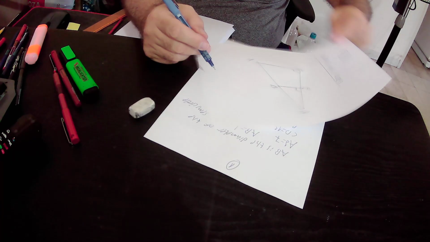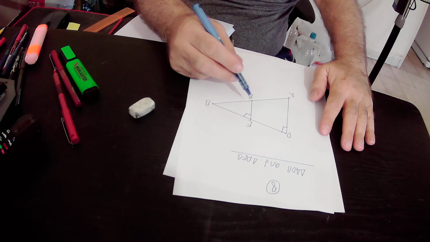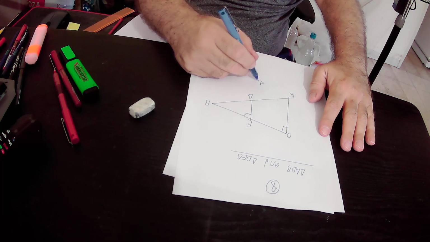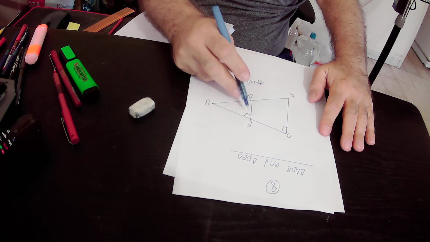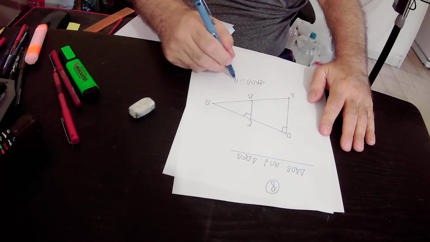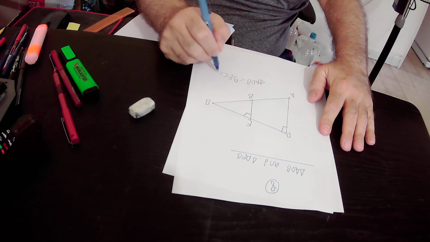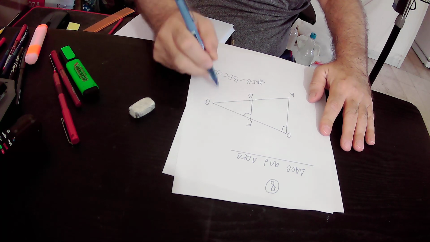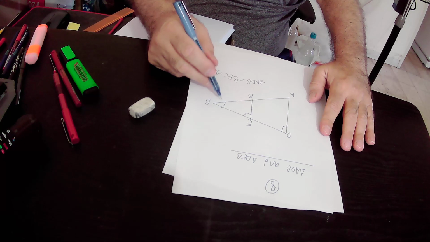So angle ADB in the big triangle equals angle OEB. Both those 2 angles are equal to 90 degrees. We have angle B that is a common angle.